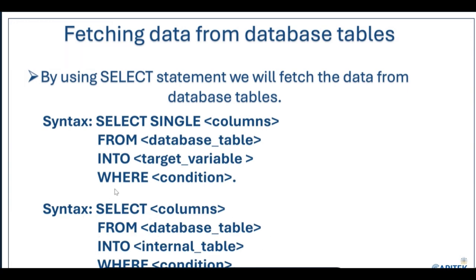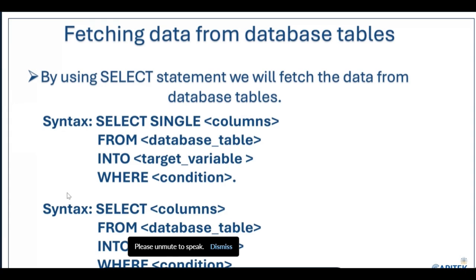The database table is your source table, and the target is the internal table to which your data has to go from the source table. And you can also apply a condition called WHERE. If you don't want to, it is not required.